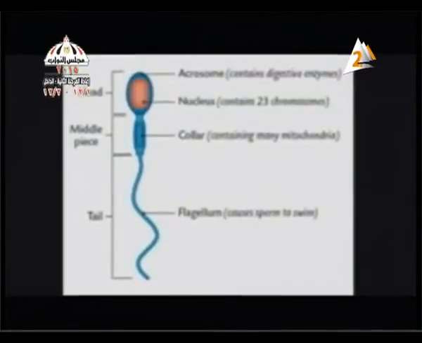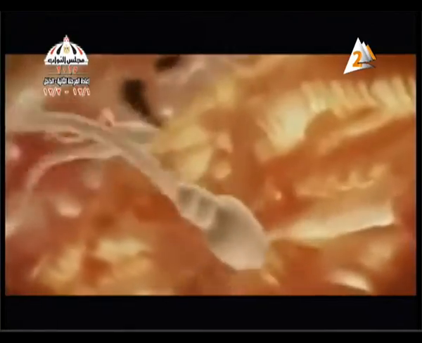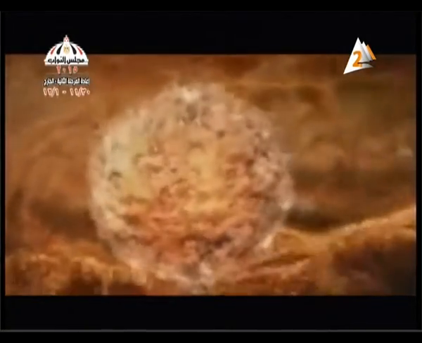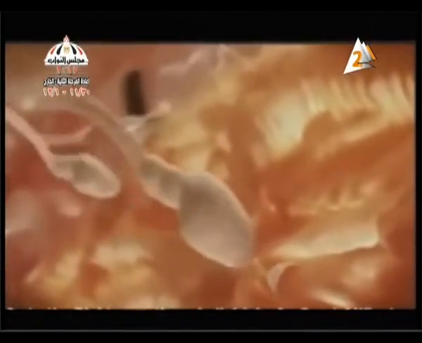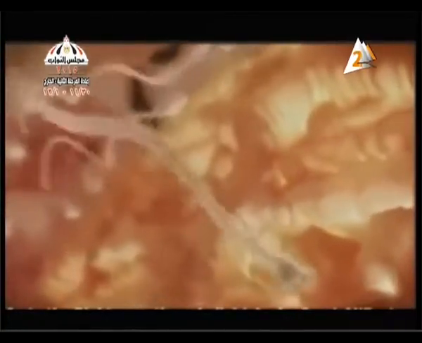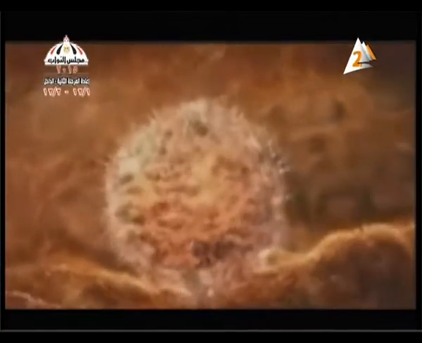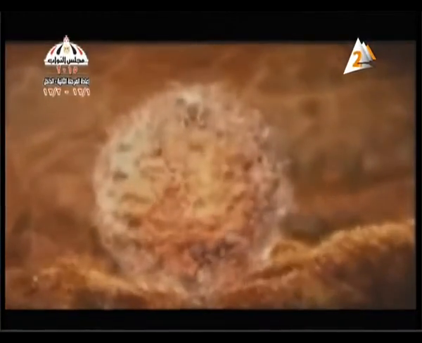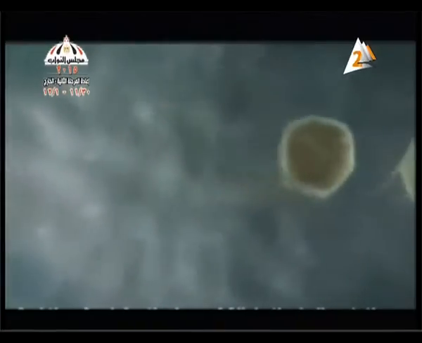Their body becomes pointed and provided with a locomotory tail, or flagellum, to help transport the genetic material to the female gamete during fertilization. And also, you can see they are large in number, since most of them are subjected to loss during the above process. So 4 male gametes are produced from each original cell.